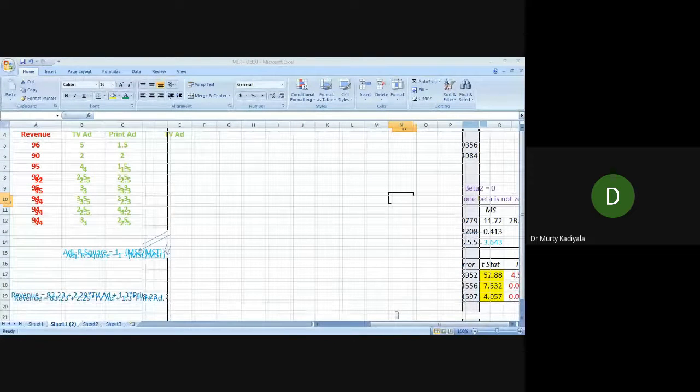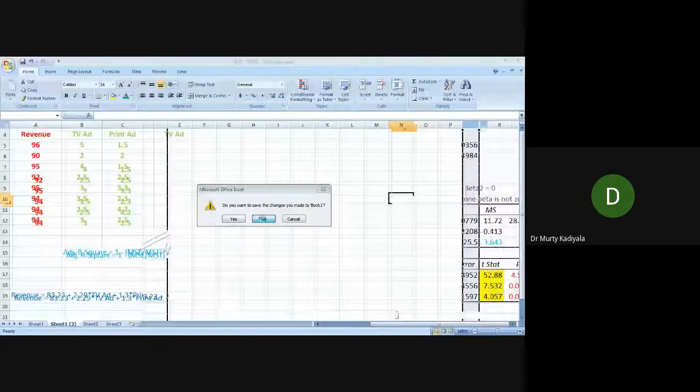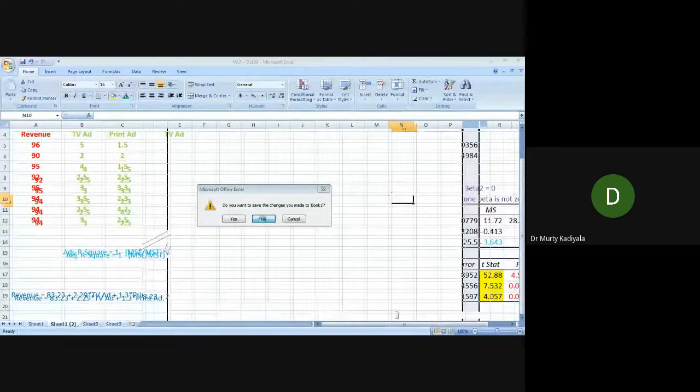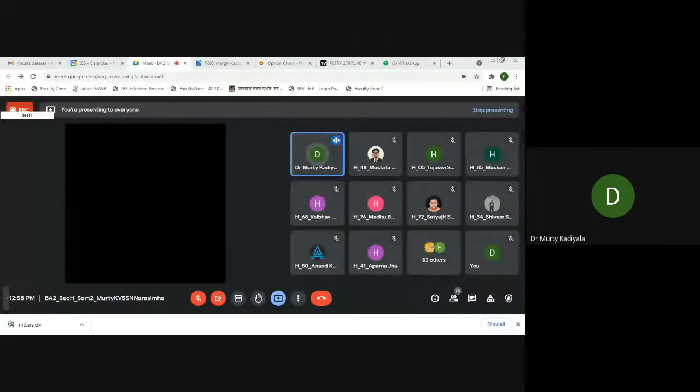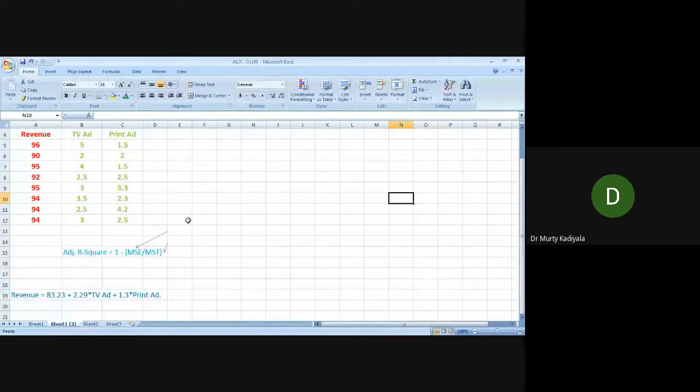Are you able to see it now properly? Fine. So this is also not required.